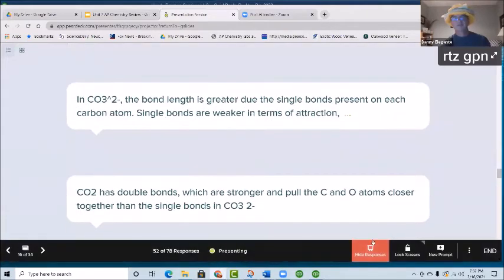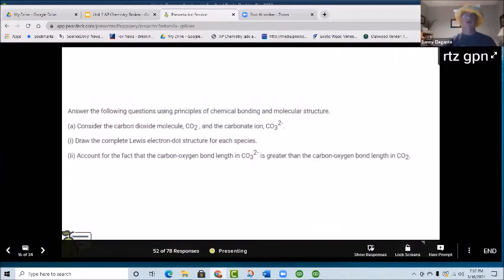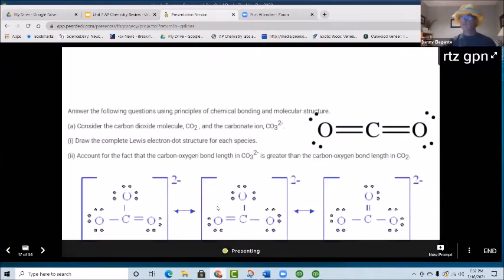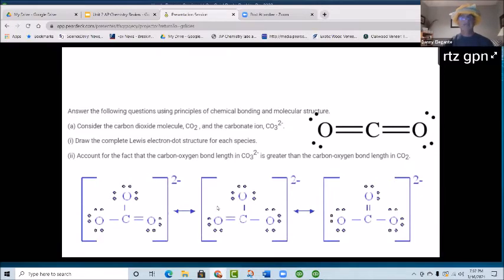All right, so lots of good answers. Let me show you what they look like again. So what is the bond between carbon and oxygen in carbon dioxide? It's a double bond. Just like somebody said in their answer, single bonds are the longest bonds.